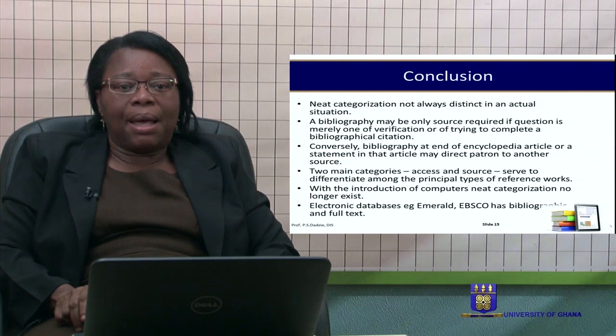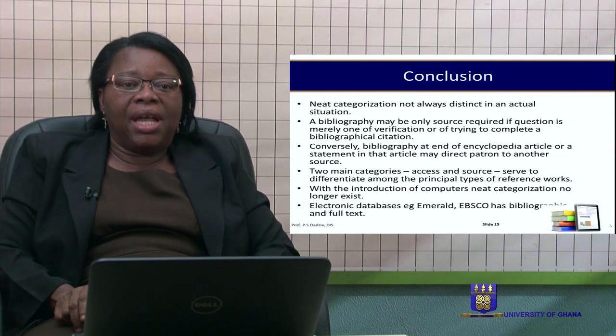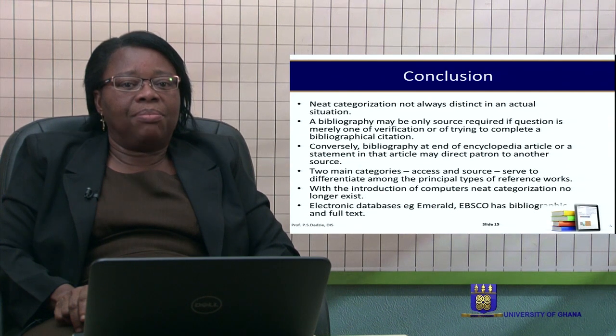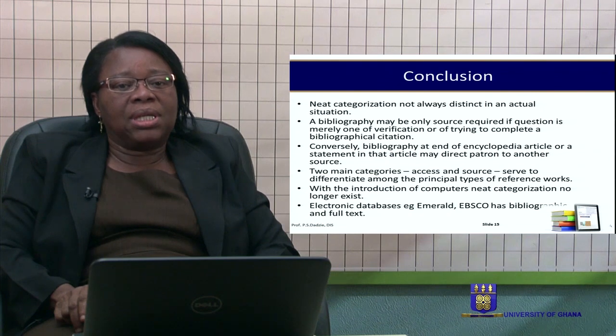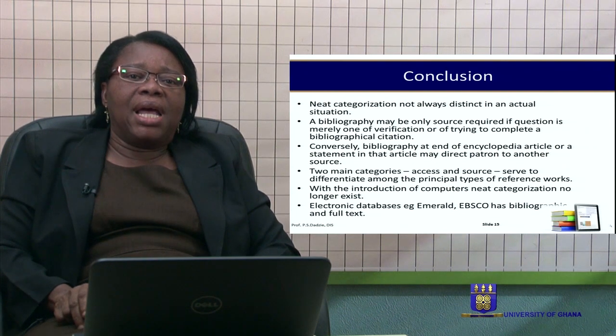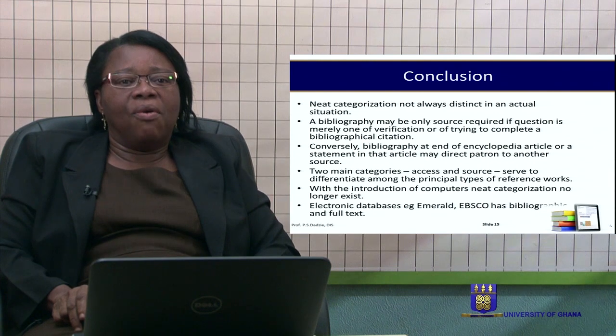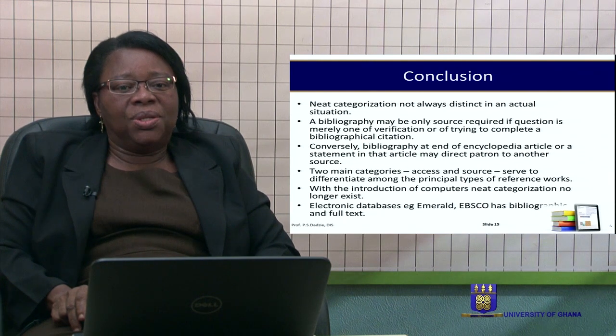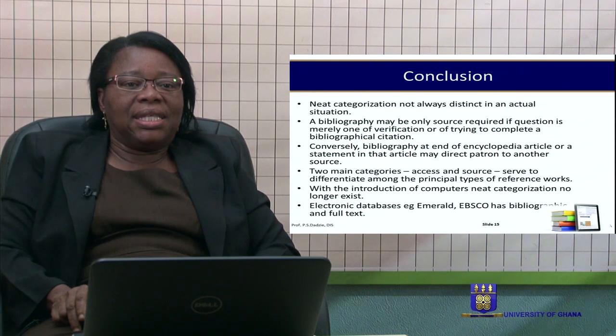So in this example, the encyclopedia, although referred to as a source type, did not behave as a source type in this particular instance, because the user will have to consult another source to get the additional information. So in conclusion, we just do this categorization for convenience, just to teach you that these sources exist.